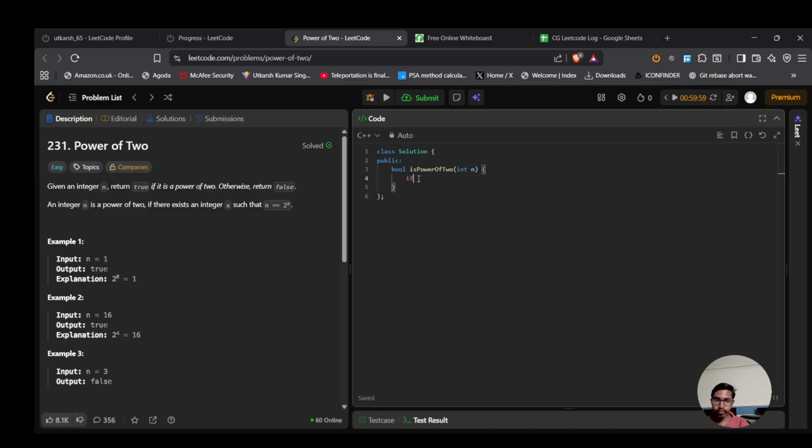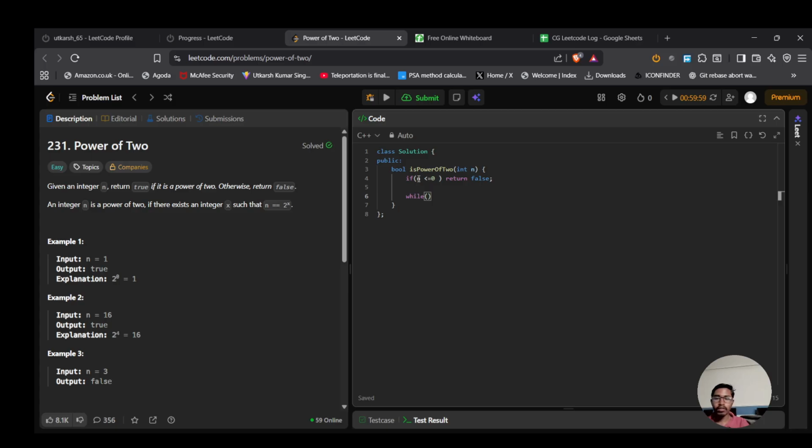So first, we are going to write the condition where n is negative or equal to 0. For this, we need to return false. But if the number is positive and not equal to 0, then we need to run a while loop.